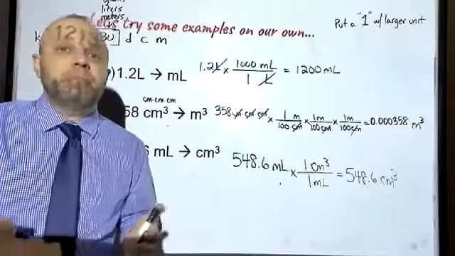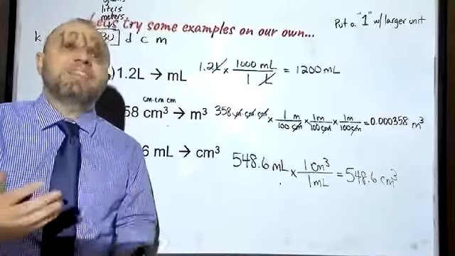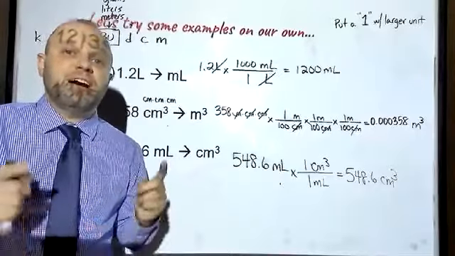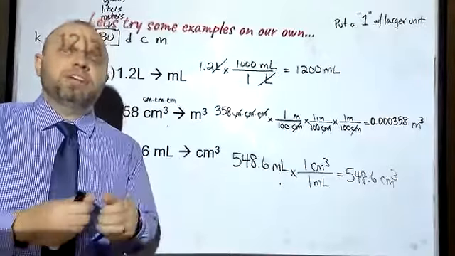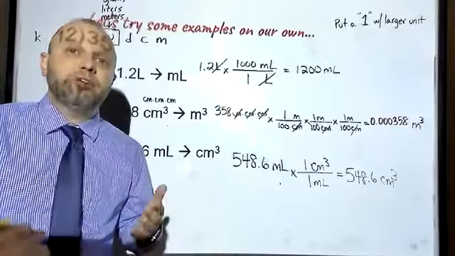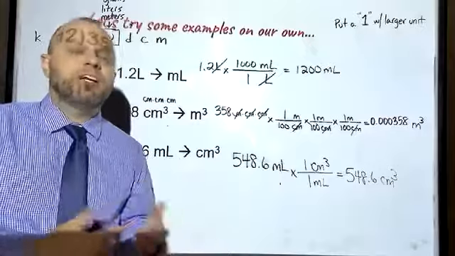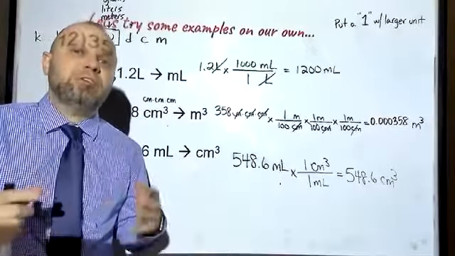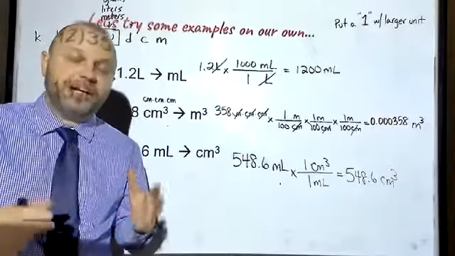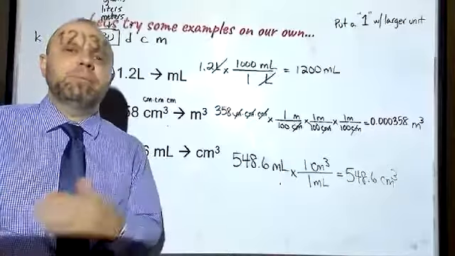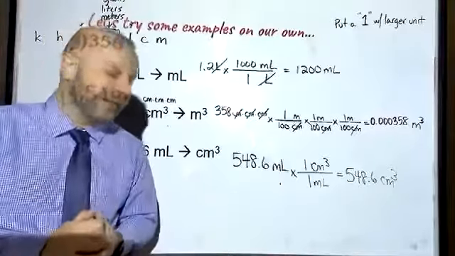However, sometimes the objects float, so we can't get the volume by water displacement. So in those cases, we'll have to take the height of the cylinder, we'll have to take the diameter of the cylinder, and we're going to use the equation volume equals pi r squared h in order to get the volume. And in those cases, we're using centimeters as our length, width, and height, or as our height and radius. So in those cases, we end up getting centimeters cubed as a unit instead of milliliters.